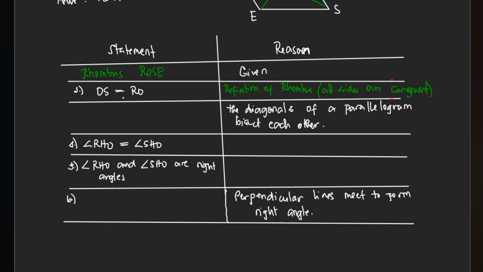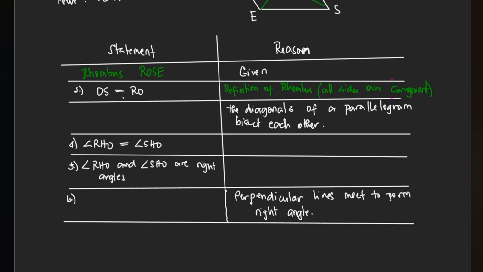Now, how about sa number 3 natin? So, given the reason na we have the diagonals of a parallelogram bisect each other. So, ano yung sabi ko kanina? Bisect each other. So, that is the diagonal, yun yung line na nag-cut ng parallelogram. Ano yung line na nag-cut ng parallelogram natin?